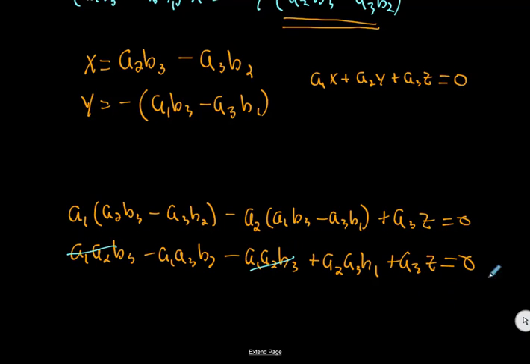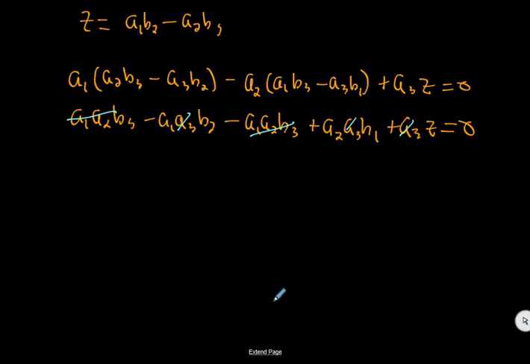And then I can divide this by a3, and the a3's cancel out, and then I can finally write what my z is equal to. If I add these to the other side, I'm going to have a1b2 minus a2b1, and there you go.